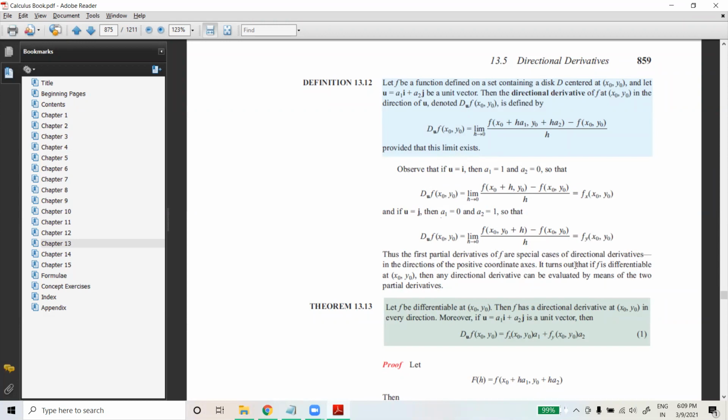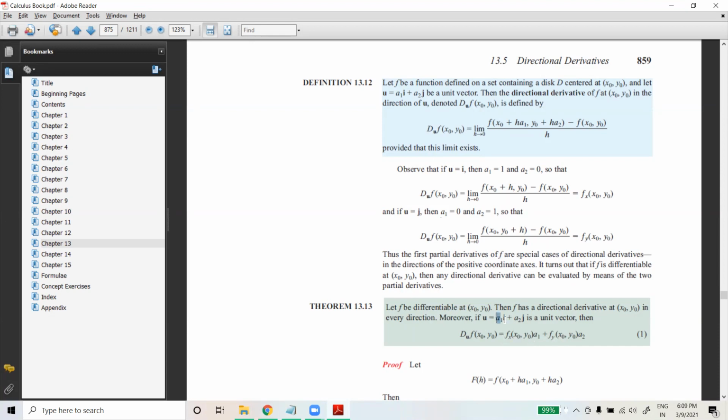If it turns out that f is differentiable at x0, y0, then any directional derivative can be evaluated by means of the two partial derivatives. Now they are claiming that the directional derivative along any arbitrary direction a1i plus a2j is simply a combination of fx and fy.